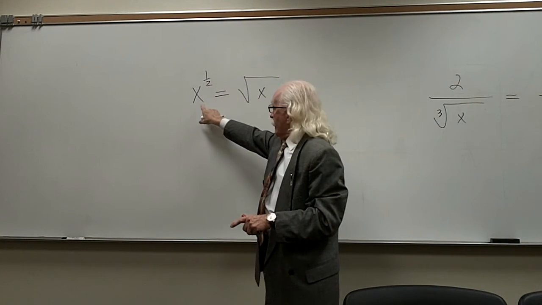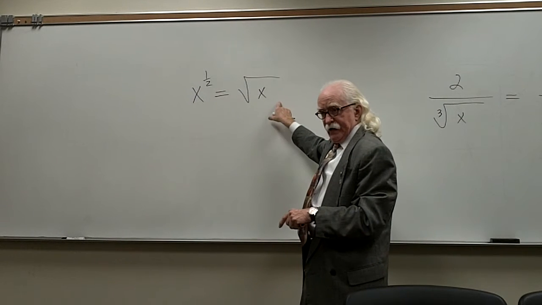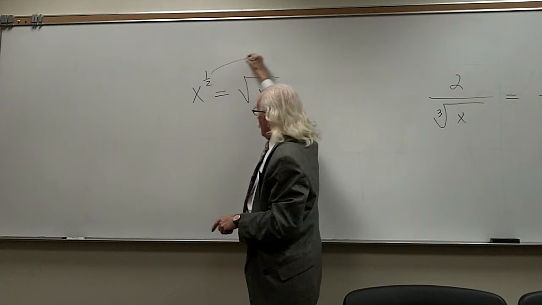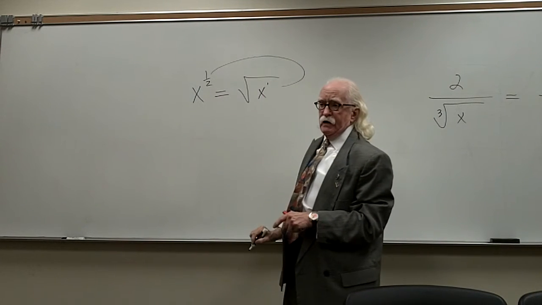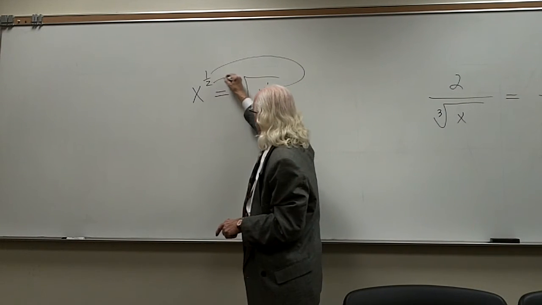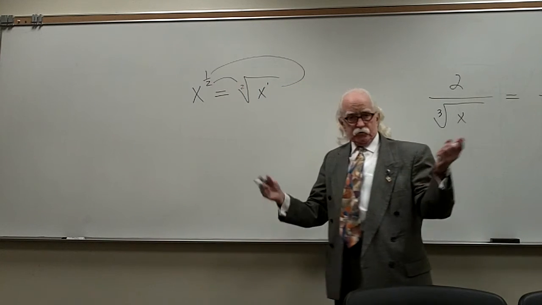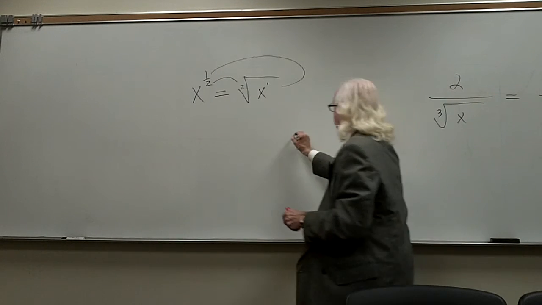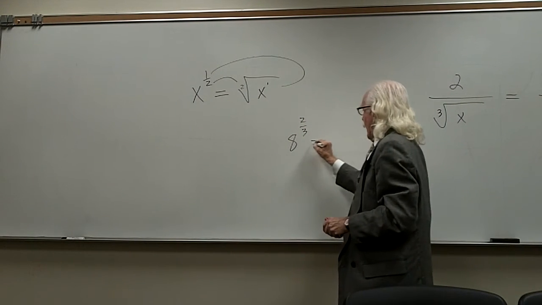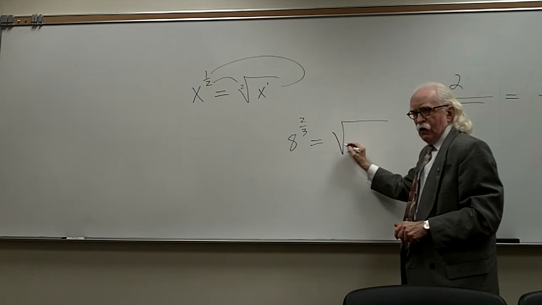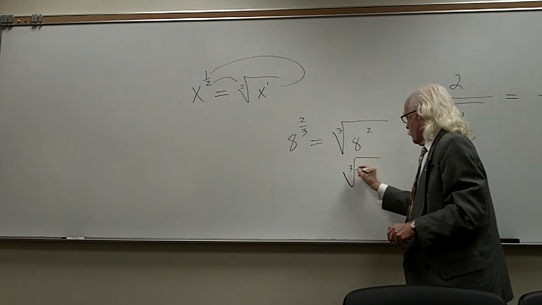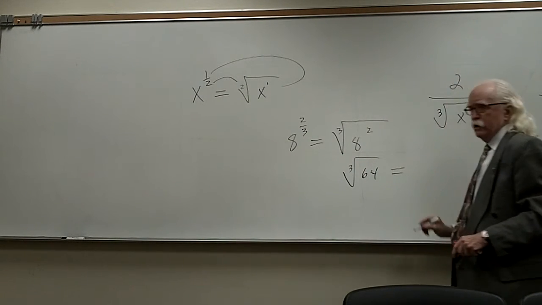I put this under the radical, right there. I drag the top number and put it right there. And the bottom goes in the elbow. And of course for the square root, nothing goes there, and the 1 doesn't go there. So that would mean that 8 raised to the 2/3 power is the same thing as 8 squared. So what is the cube root of 64?